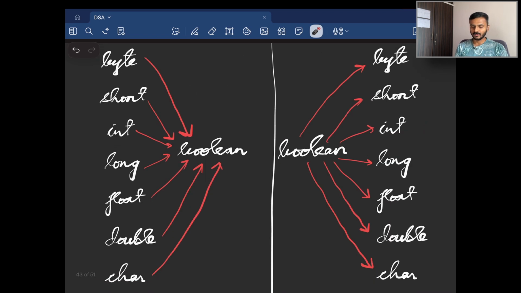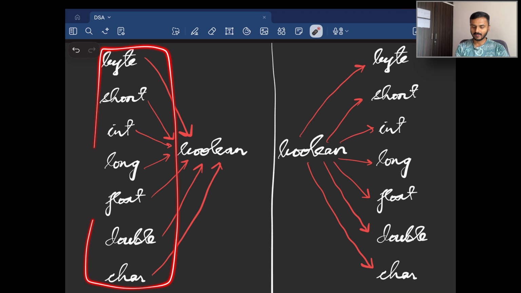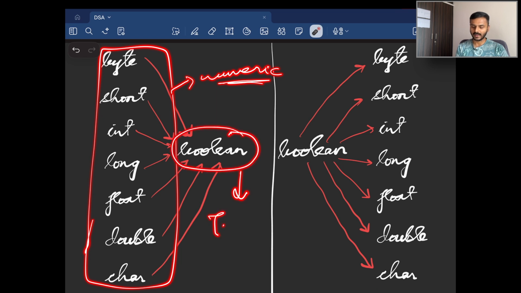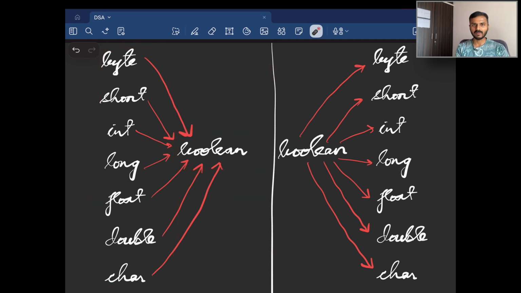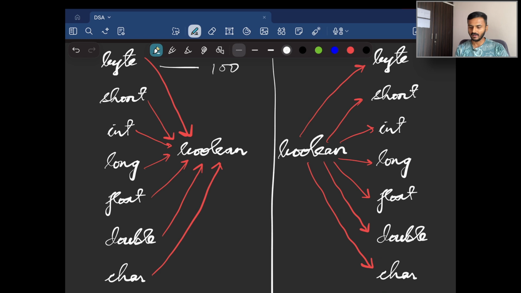So we know that there are a total of 8 primitive data types, right? And out of those 8 primitive data types, we have got 7 which can hold numeric values. And the only one which cannot hold numeric value is boolean, and it stores either true or false. Now we also know that in Java, there is no way in which you can map true or false to a number, or you can map a number to true or false, which means that if we have, for example, 100 stored in a byte variable, we cannot convert that to boolean, right?